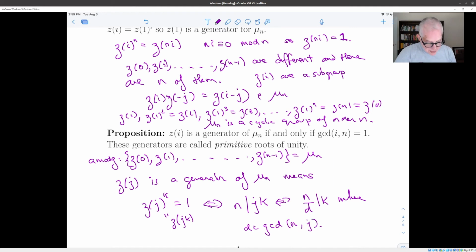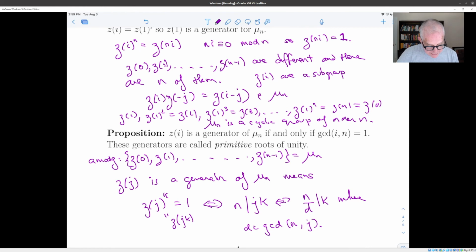So if the greatest common divisor of n and j is bigger than 1, then we could take k to be n over d, and that would be less than n, and so z of j would not have order n, because there would be a smaller power of z of j which gives us 1.